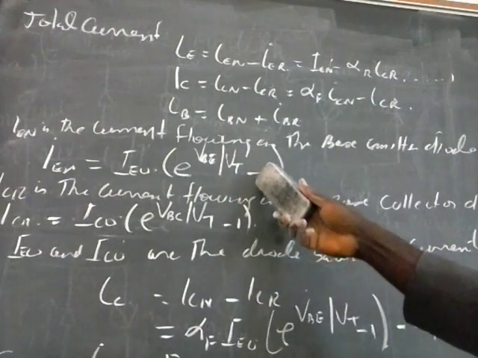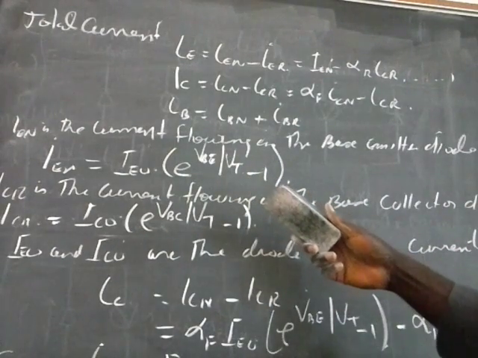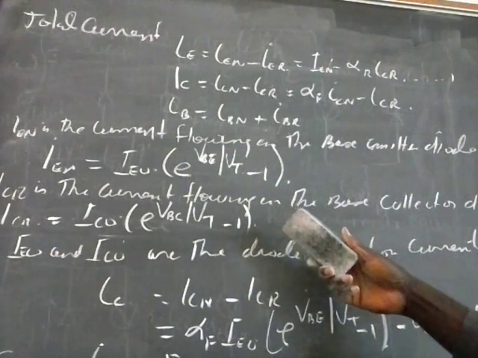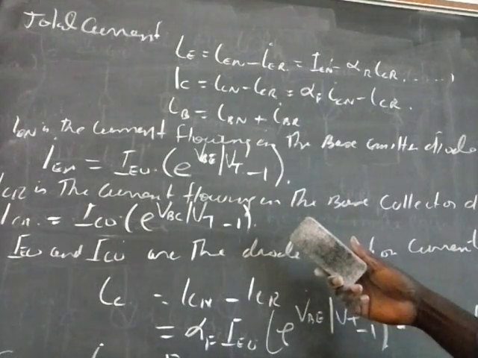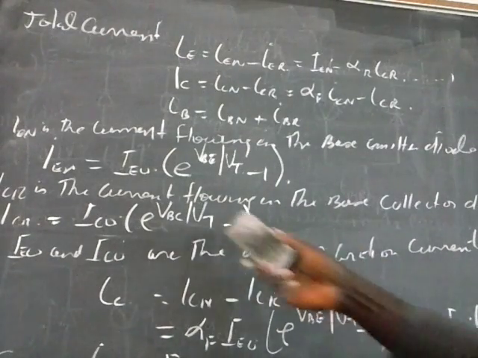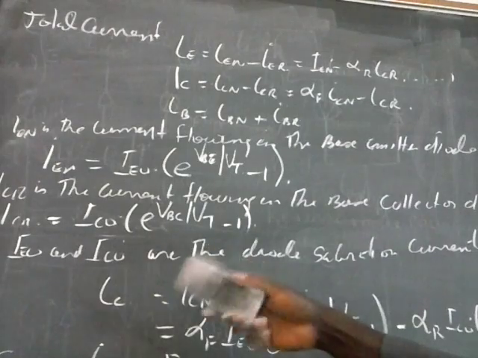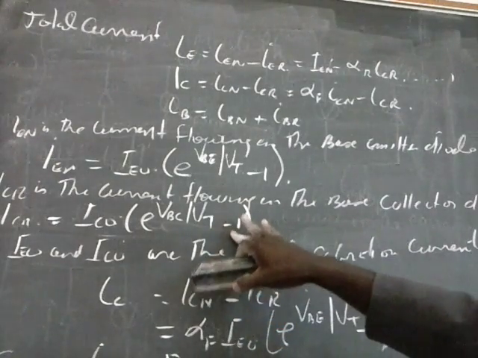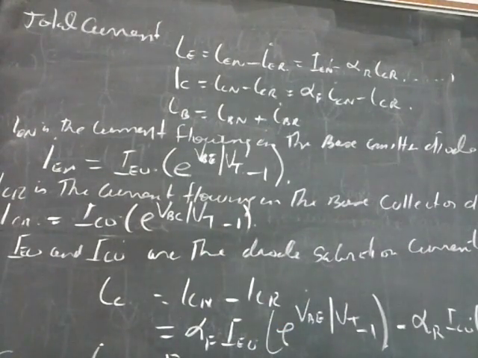And we said we chose it such that VBE and VBC both exceed VT by a significant amount, so that the minus one would be negligible. So what we're going to do is remove the minus one from the equation, and that will simplify it by choosing VBE and VBC significantly larger than VT.